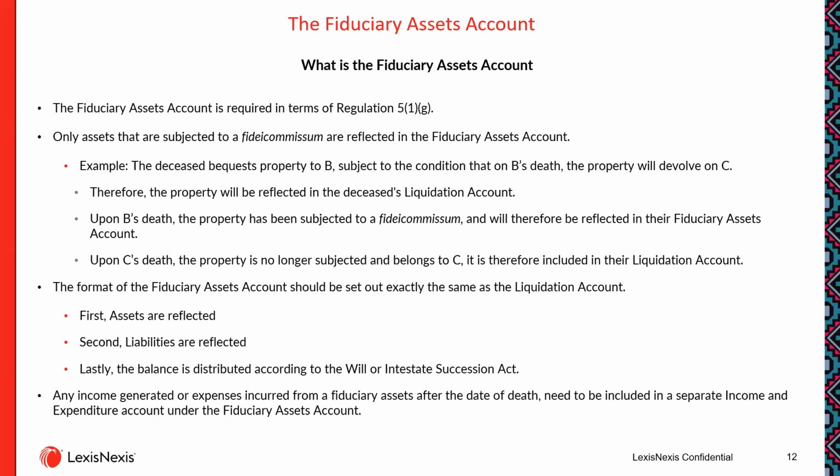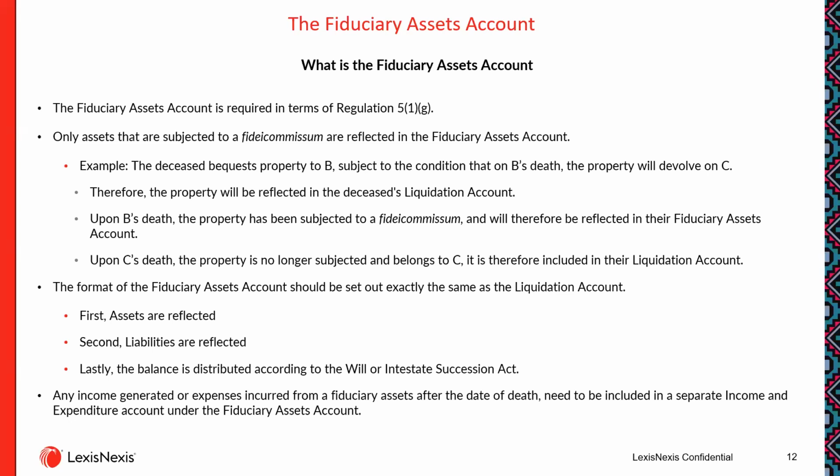When we're drafting our liquidation and distribution account, when we are dealing with the deceased, the property will be reflected in the liquidation account, because at that point in time, that property forms part of the deceased estate.